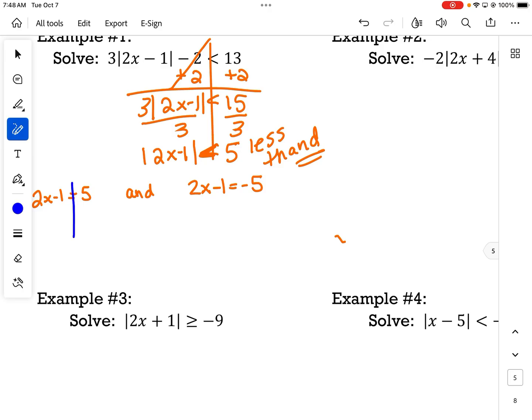We solve both of these out. So plus 1. So we have 2x equals 6. Divide by 2. X equals 3.